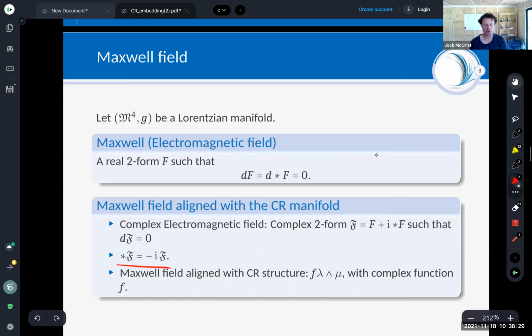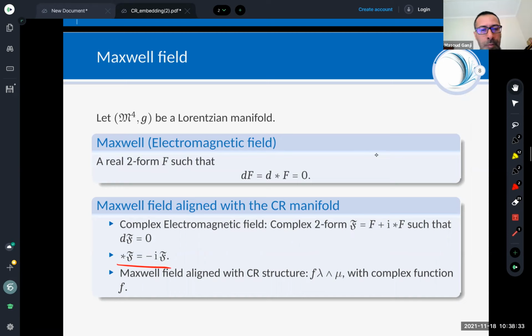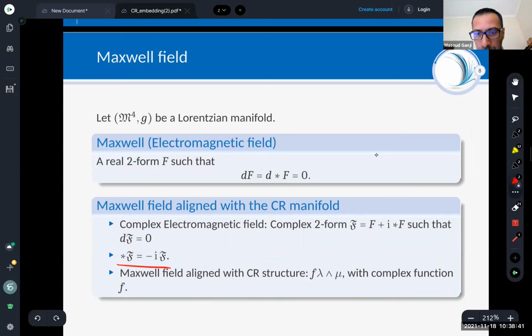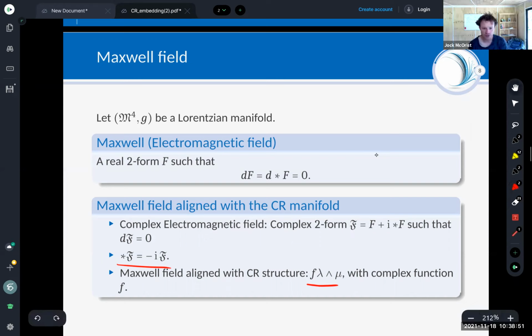Sorry, Masoud, what does it mean, Maxwell field aligned with the CR structure? Yes, this is what I have introduced here. A Maxwell field aligned with the CR structure is this one, F lambda wedge mu, because we can prove that. So you're identifying curly F with F lambda wedge mu?